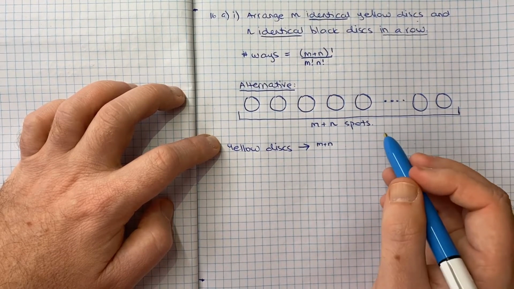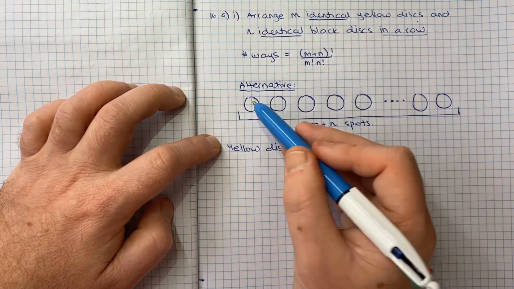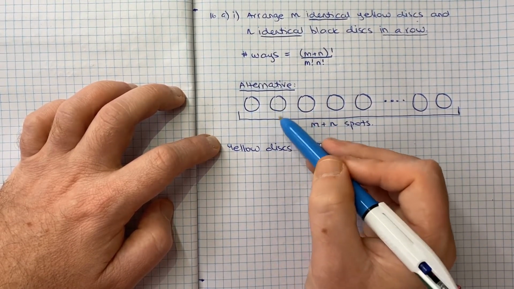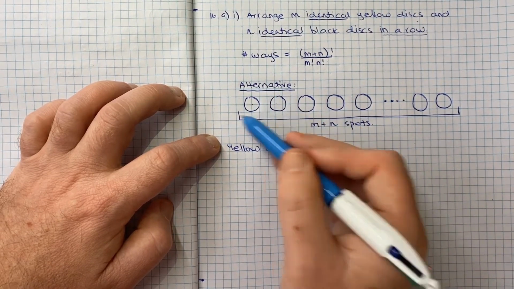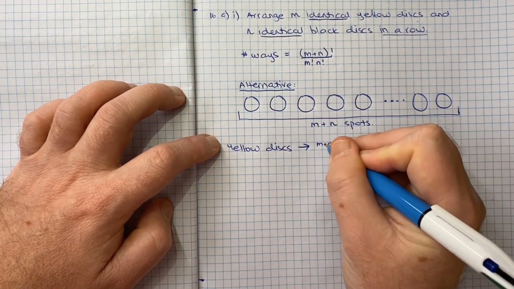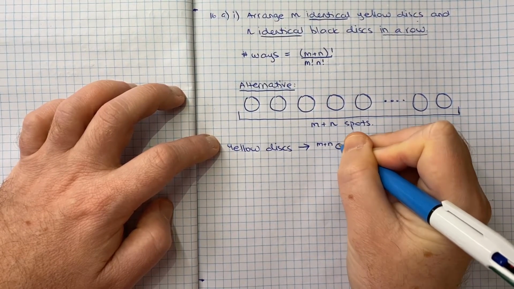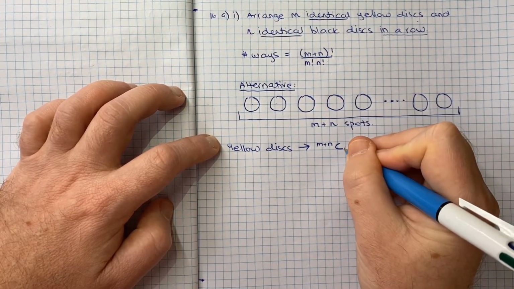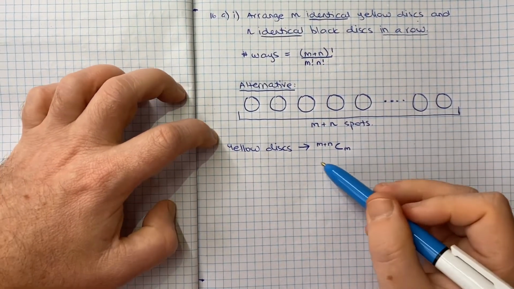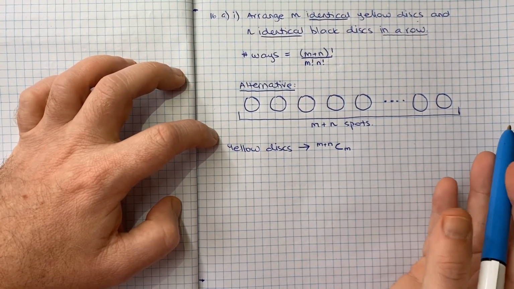The order doesn't really matter. A yellow disc in spot 1 and 2 is the same as a yellow disc in spot 2 and 1. So we say M plus N C M. So that's the number of ways we can put our yellow discs in.